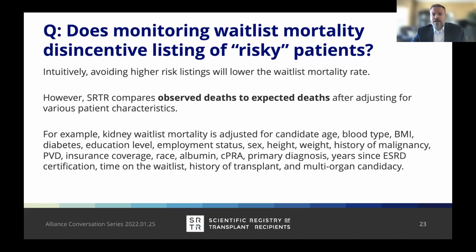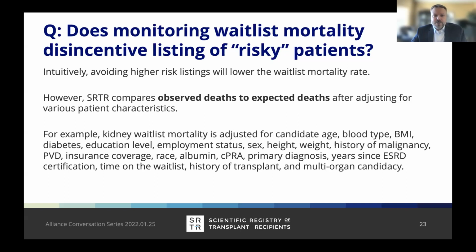And you can apply that same concept to pretty much any metric you could think of, which is exactly why the SRTR does risk adjustment. We do not want the metrics, the evaluations, to disincentivize those types of transplants. We're comparing observed deaths to expected. Remember, if you're a transplant program who takes on risk and does riskier donors and does riskier transplants, to the extent that we're able to define that in the data that we have, we're comparing those same types of patients with those donors to the same types of experiences elsewhere.